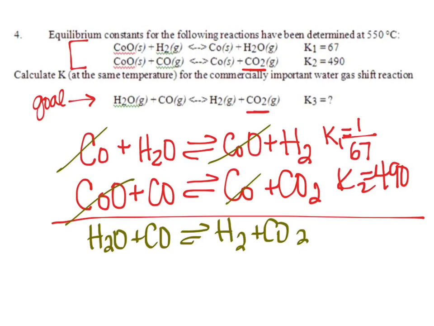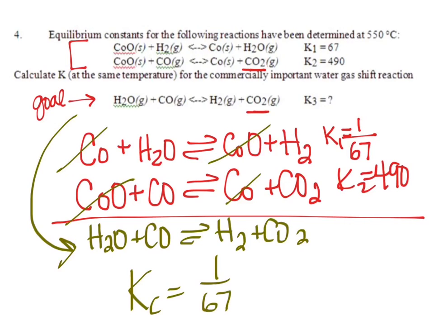Are we crossing those out because they're on both sides? Yes, because they're on both sides of the equation. And we want to make sure that we got our ultimate goal. So K3 is going to be 1 over 67 times 490.